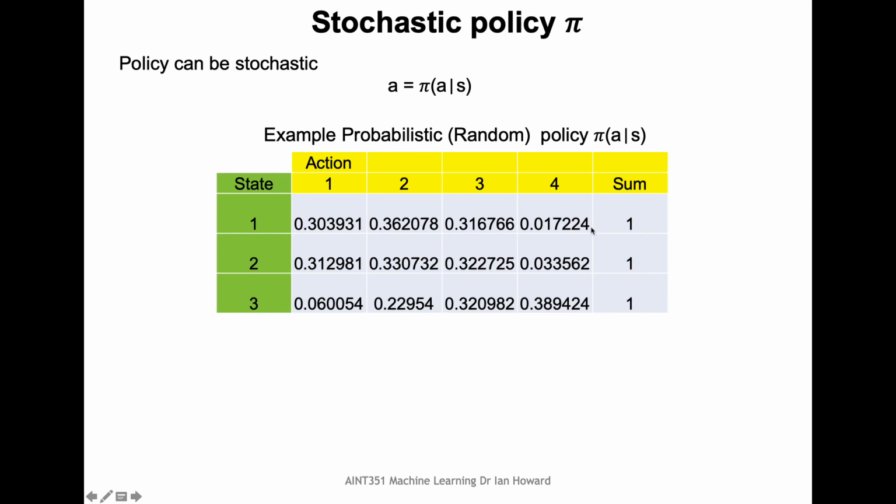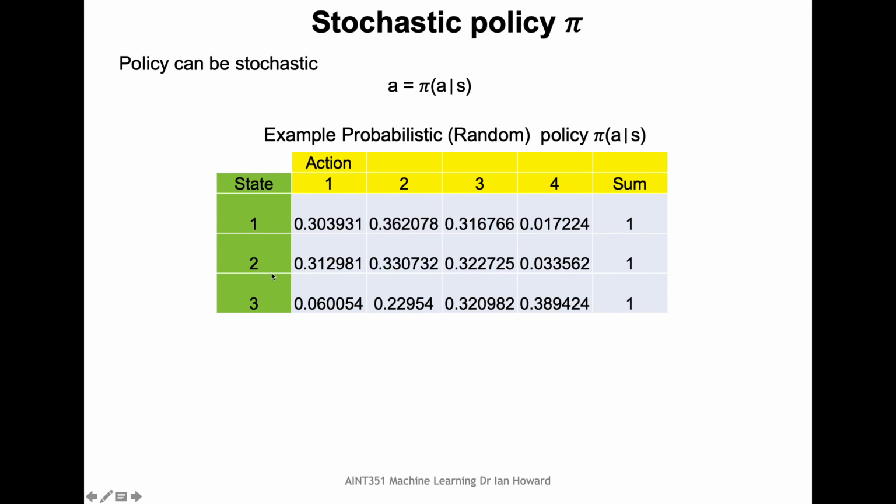But they're all probabilities, and if we want to, we can easily implement that. We know how to generate actions with a certain probability using RAND, for example. In this case, though, we just note that if we add up the probabilities for all the actions, 1, 2, 3, 4, they've obviously all got to add up to 1 because we've got to take some action. And the same thing for state 2.